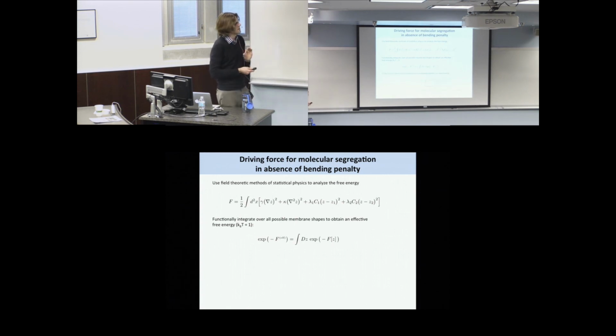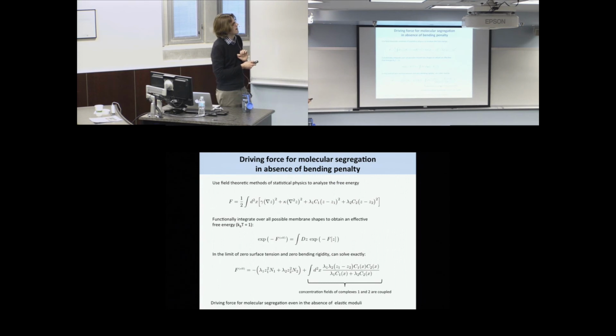There are ways to do this exactly, and when gamma and kappa are 0, one can solve this exactly. What one sees is that this effective free energy has some constant terms which aren't particularly important. And you see here a coupling between the concentration fields: a C1 times C2 under this integral. This tells us that our concentration fields are coupled even in the absence of these elastic moduli.